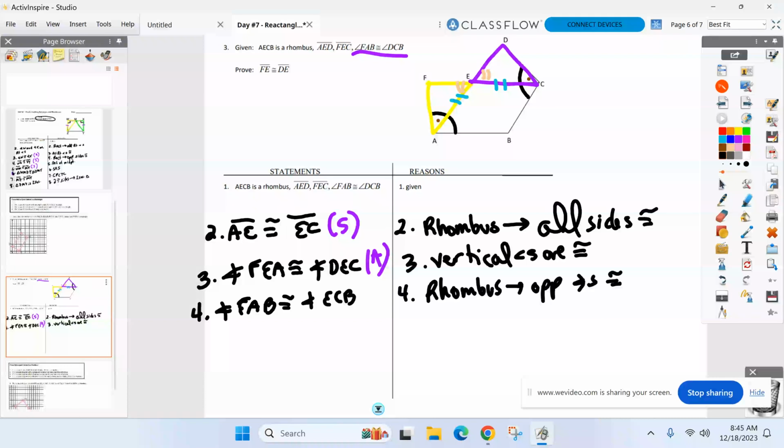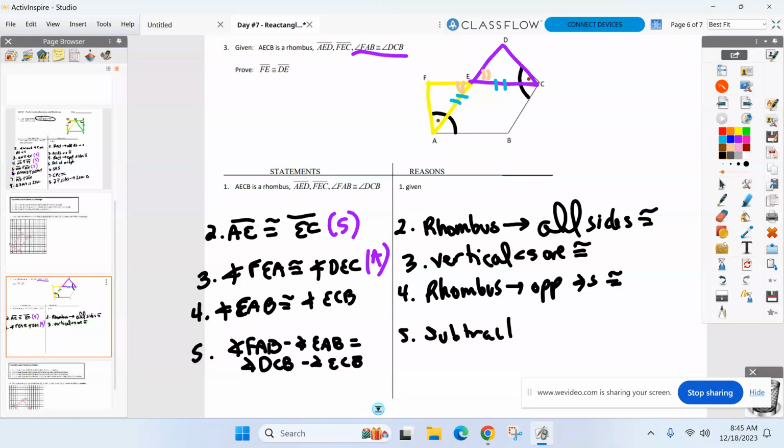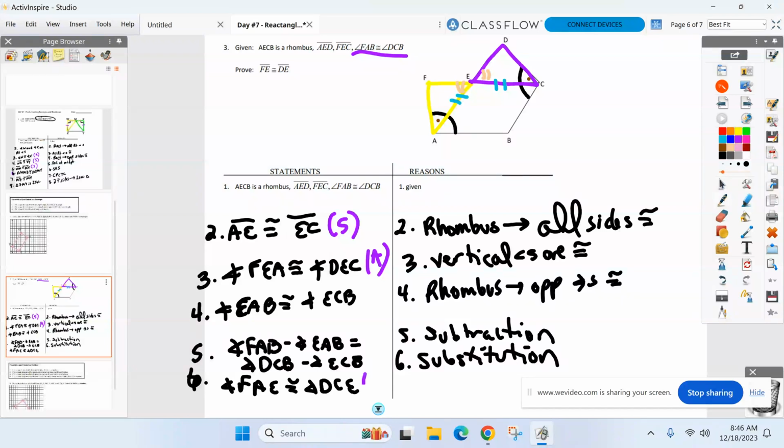That's an E. Substitution to say angle FAE congruent to angle DCE. And there is my third pair, which ends up being a pair of angles.